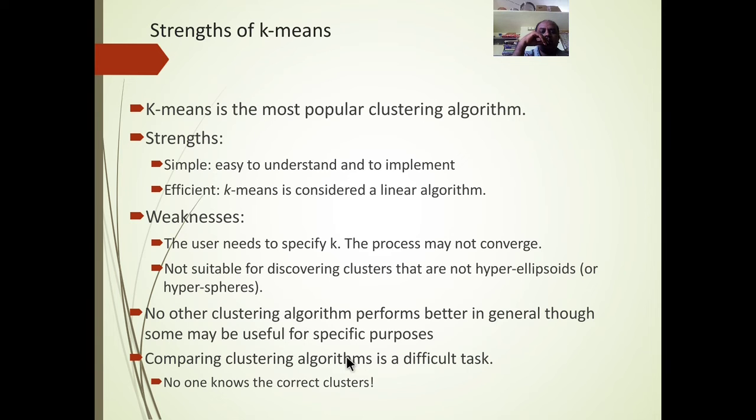Some of the strengths of k-means: it is the most popular clustering algorithm, and it is simple, that is, easy to understand and to implement, and efficient. K-means is considered a linear algorithm. Weaknesses: the user needs to specify k, the process may not converge, and it is not suitable for discovering clusters that are not hyper-ellipsoids.